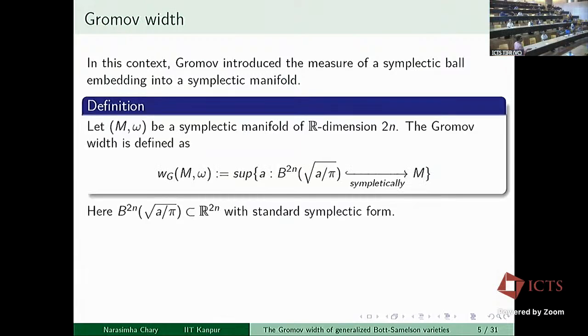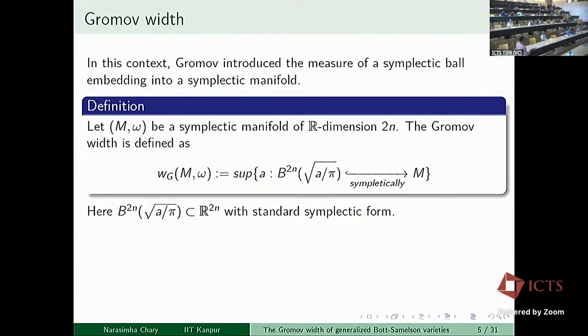Given a symplectic manifold, you take all the balls of radius r, and people take the supremum of pi r squared. For some reasons I am taking a ball of radius root a over pi, symplectically embedded into M. Now you take the supremum of all these a's, where the ball has the standard symplectic form.